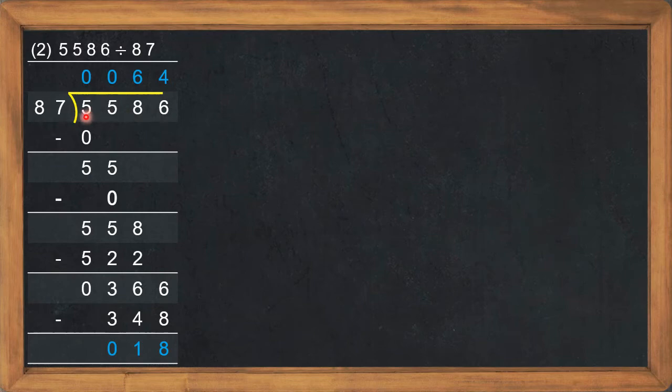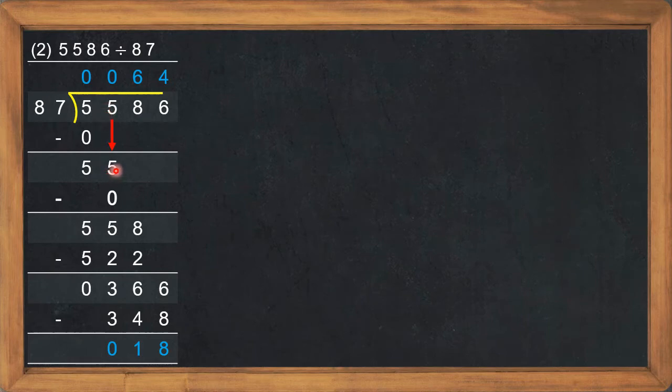As 5 is smaller than 87, we write 0 in the quotient and we subtract 0 from 5, which is equal to 5. Now the next step is to bring down the next digit in the dividend, which is 5.